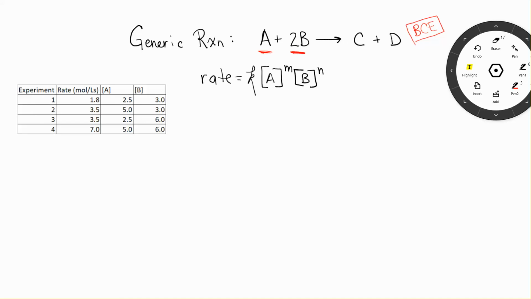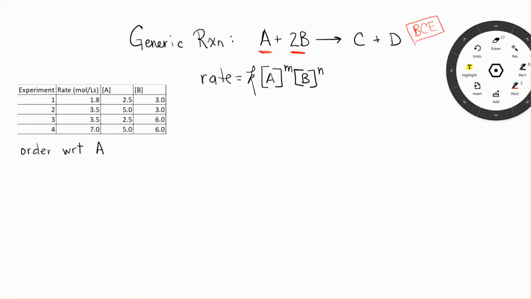So the first thing that we're going to do is determine the order of the reaction with respect to reactant A. So looking at the experimental data, the experiments that we are going to use to determine the order of the reaction with respect to A are the experiments in which B is held constant.